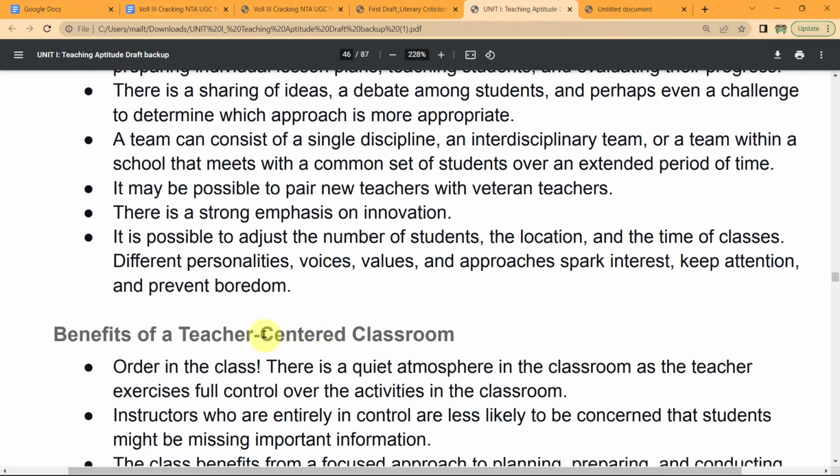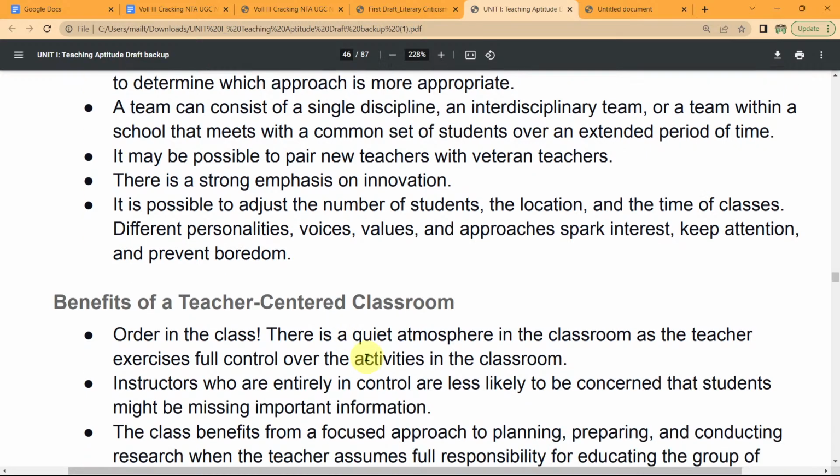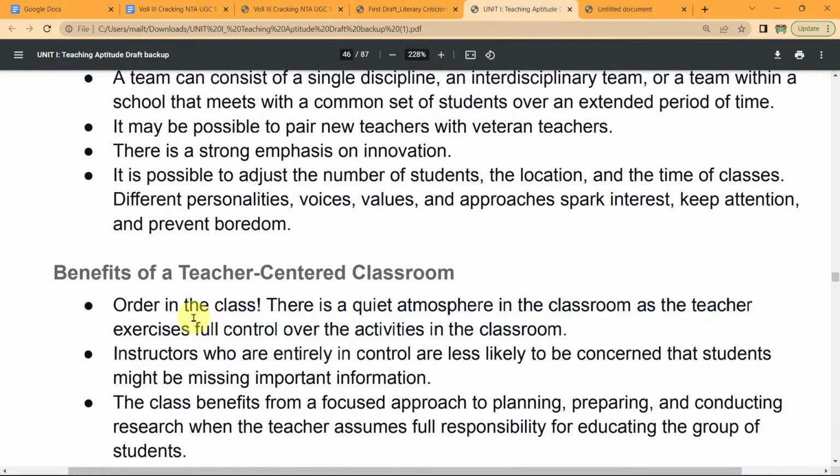So benefits, again, now we are talking about the benefits of the teacher centered approach. The classroom has order. It actually provides order in the class. There is a quiet atmosphere in the classroom, as the teacher is in full control. If something happens, the teacher has the authority to remove you from the class.